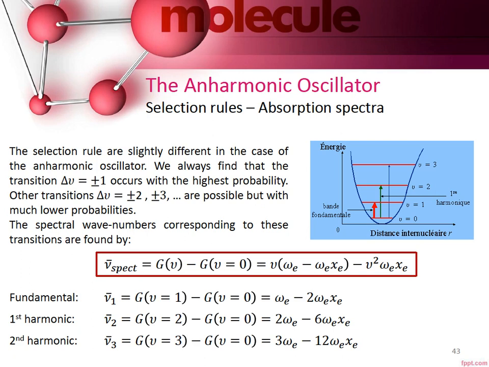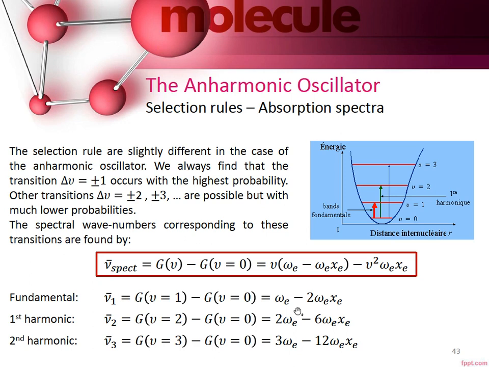It's usually when we go from the lowest energy level, V equals 0, and we absorb light to go to the one just after it. So we go from V equals 0 to V equals 1. Spectroscopically speaking, delta E divided by hc, we get into nu bar, which is delta G. It's G(V) minus G(V=0) with V equal 1. This gives us the fundamental.